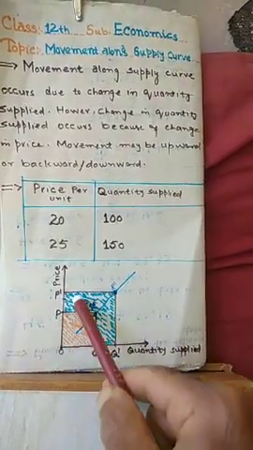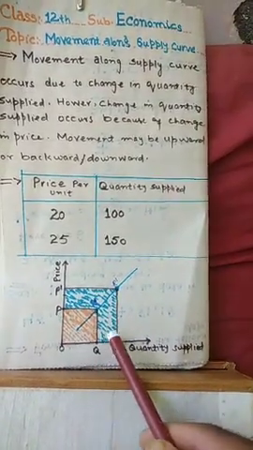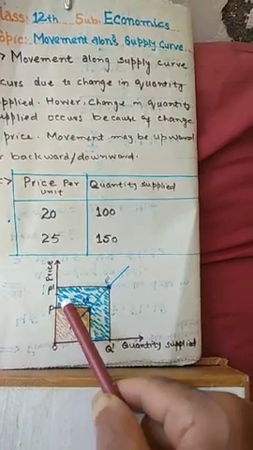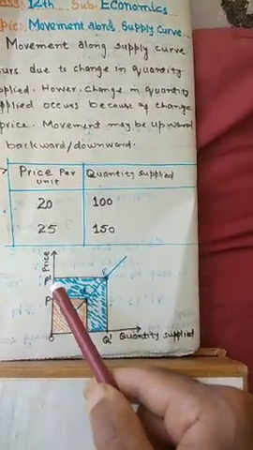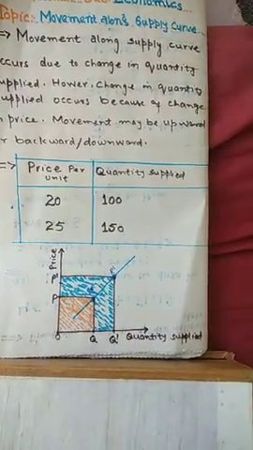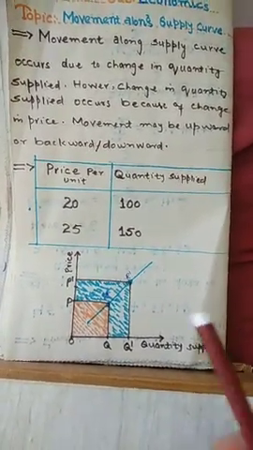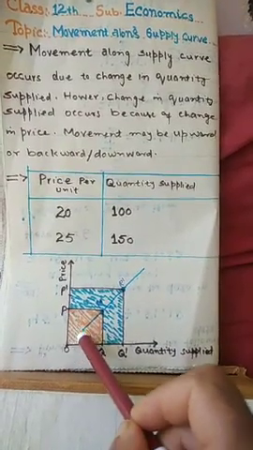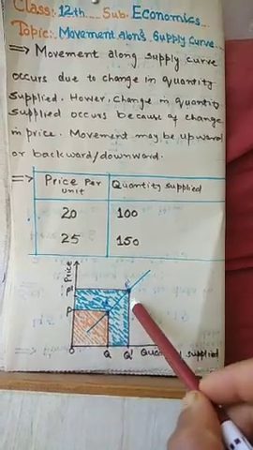When price was OP, this area shows the supply at price OP. However, when price rises, the quantity supplied also increases. So you can understand here that initially when price was lower, the quantity supplied was this, and when price rises, the quantity supplied also increases.